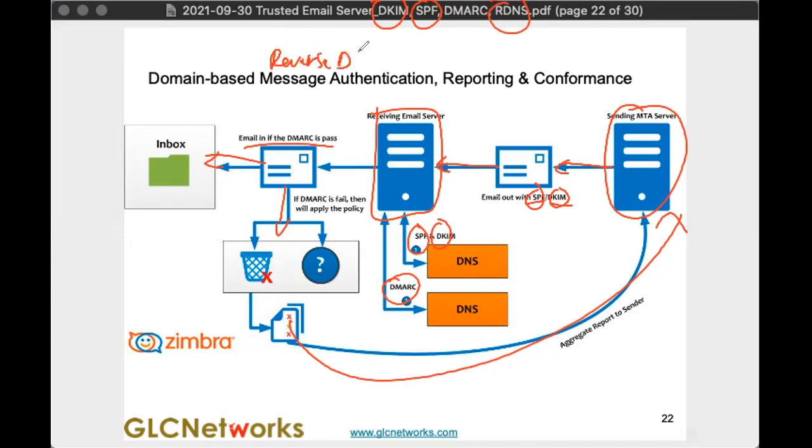Usually we have DNS. DNS is from domain to IP address, right? So that's DNS. But reverse DNS, RDNS, is from IP to domain.